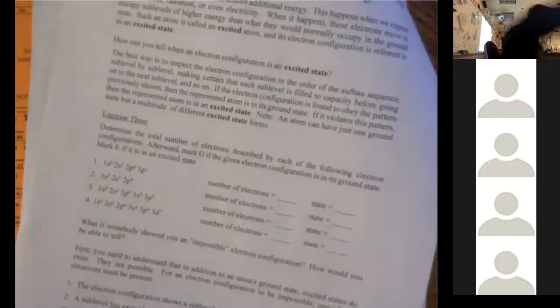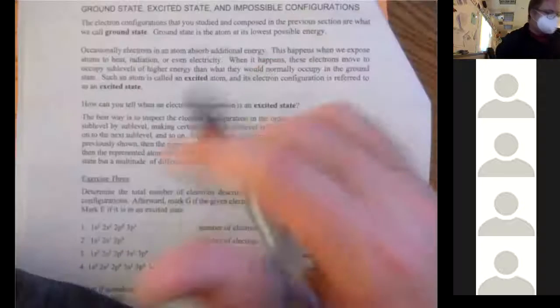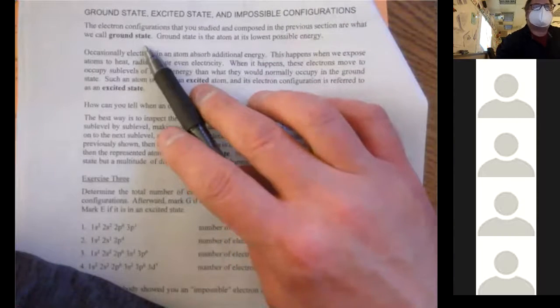And when they drop back down, they emit that energy in the form of electromagnetic radiation. In this case, the electromagnetic radiation is light. Right? So electron configurations that we studied are called ground state electron configurations.